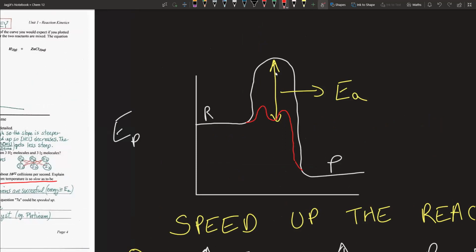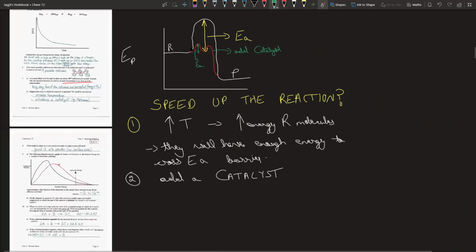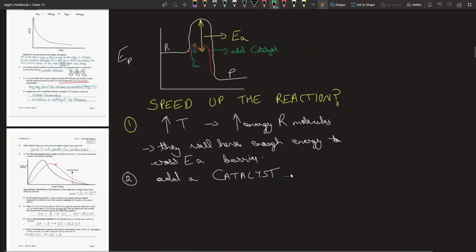Your original activation barrier was quite high, but now the new activation energy barrier is super small. Remember that. What does adding a catalyst do? It lowers activation energy.